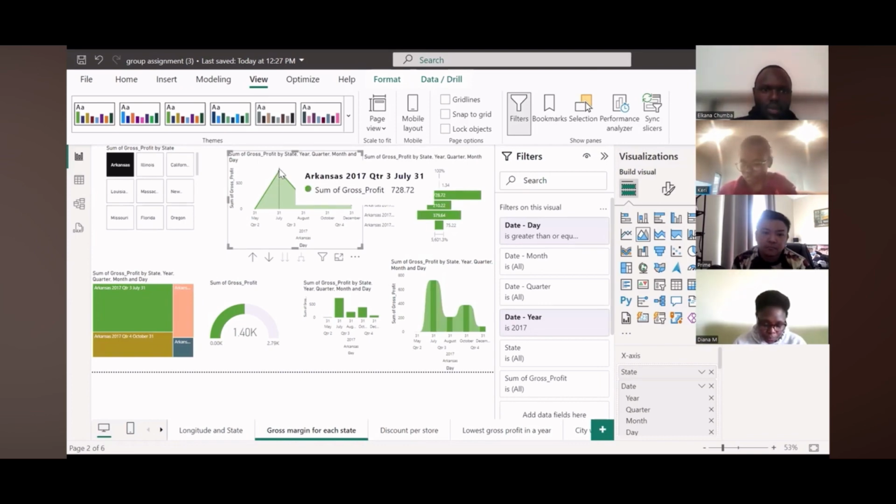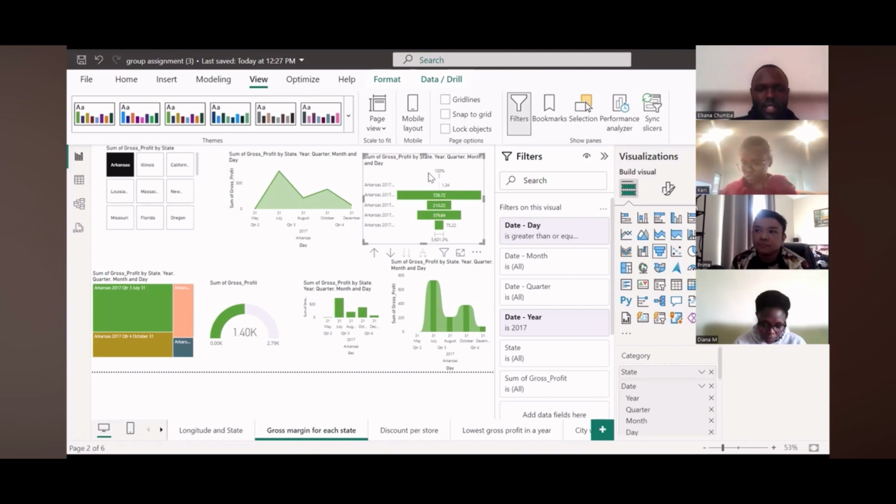The sum of the gross profit was 728.72. This is done by yearly, quarterly, monthly, and even day, which is very unique and nice for the organization. It can give you informed data so that you can make organizational decisions.